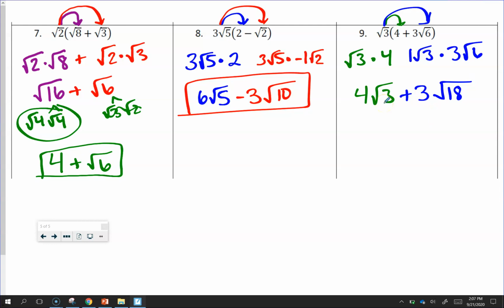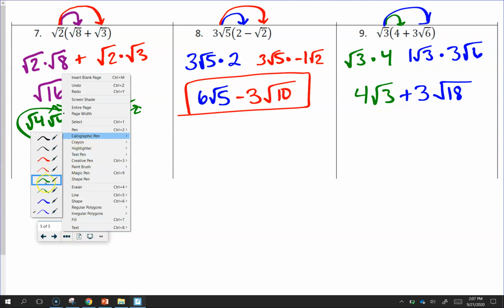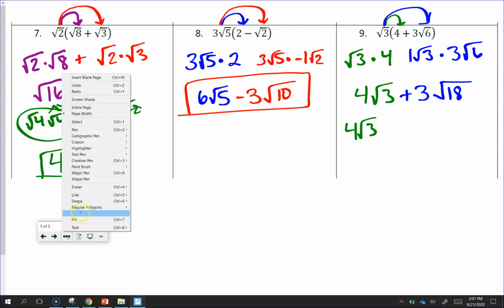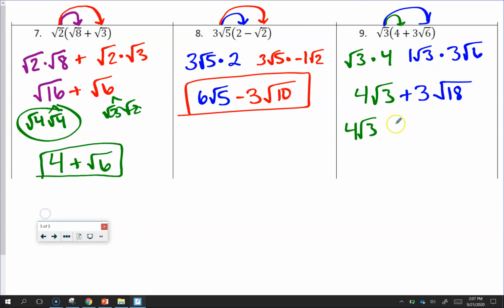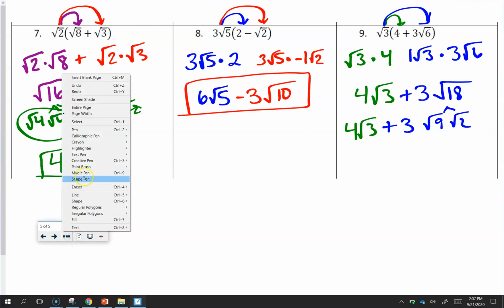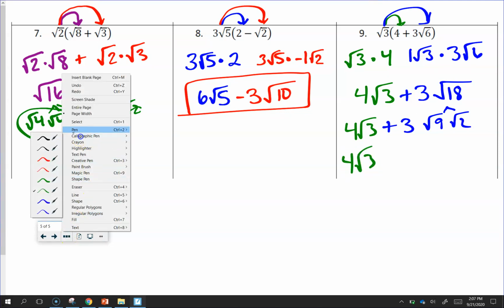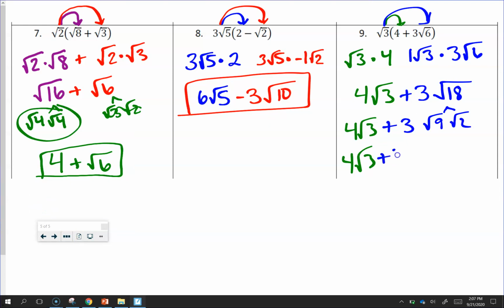The square root of 3 cannot be broken down, so my green piece, the 4 square root of 3, is as low as it's going to go. I can't do anything with that anymore. But over here, 18 can break down. I can break down 18 to be 9 and 2. Okay, so now I have 4 square root 3, and I'm going to add to this. 9 breaks apart to be square root of 3 times square root of 3.